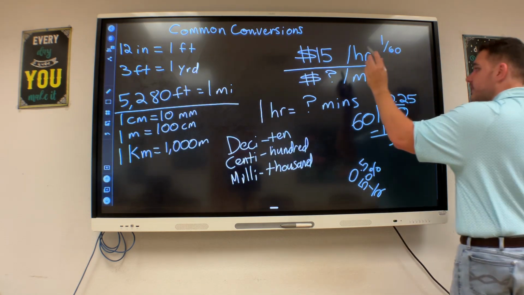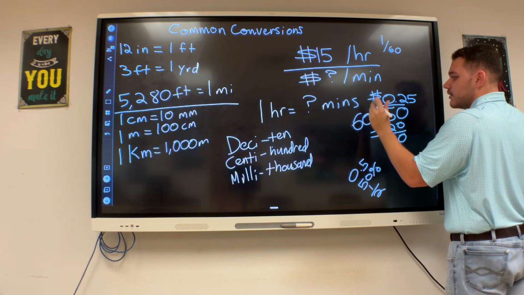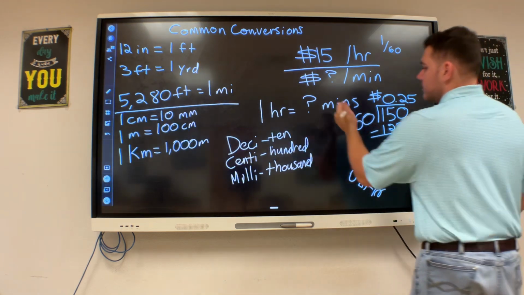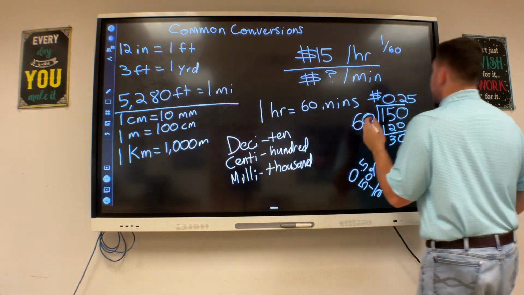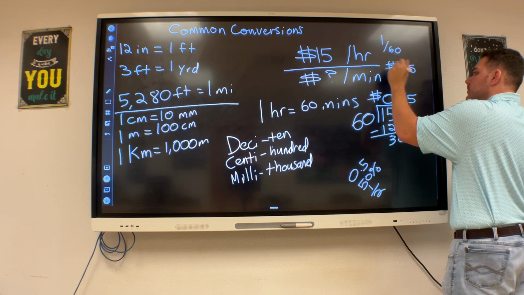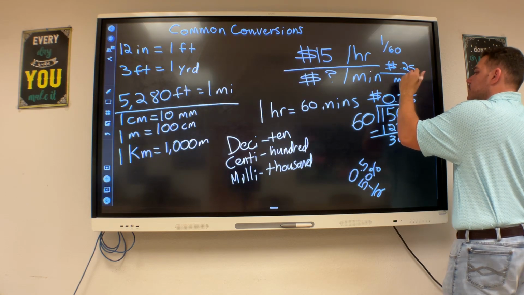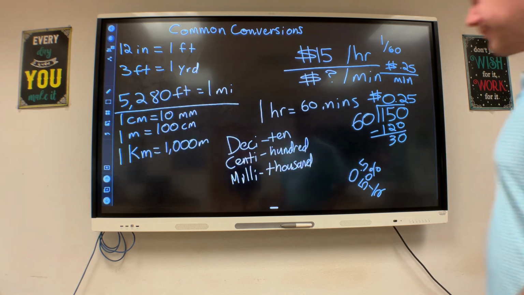If you're making $15 an hour, you're making 25 cents every minute. Like I said, we know 1 hour is 60 minutes, so $15 an hour would be 25 cents per minute.